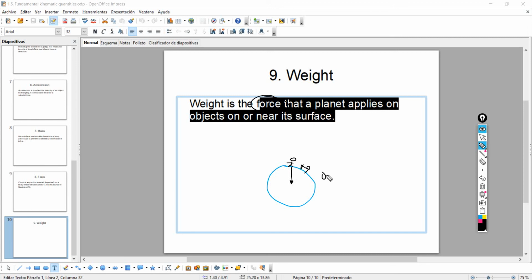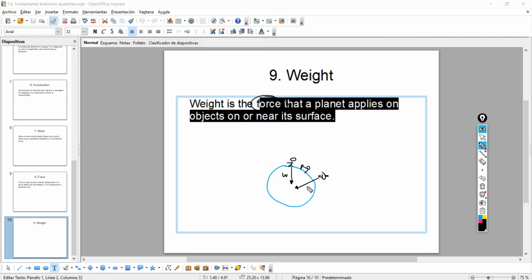For example, if I have an airplane right here flying above the surface, this airplane is also being subjected to the force of gravity from the earth, and we call that force the weight of these objects. For example, this force that is being applied on you right now is called your weight.